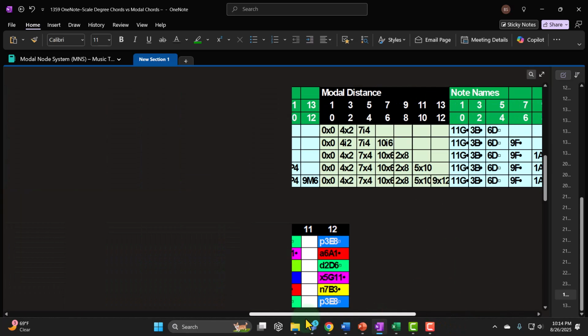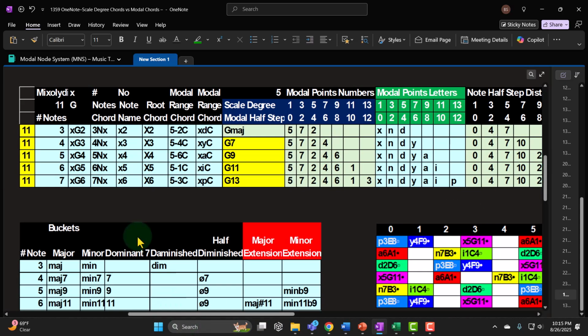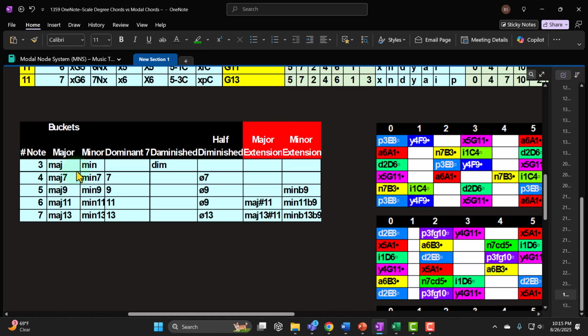All right, so if you put it into this bucket, this is how you might see it in a textbook. Notice when you look at this table, it's really difficult to say functionally what I'm trying to get from it. It's not giving me the chords by the nodal points that I want to build them from.